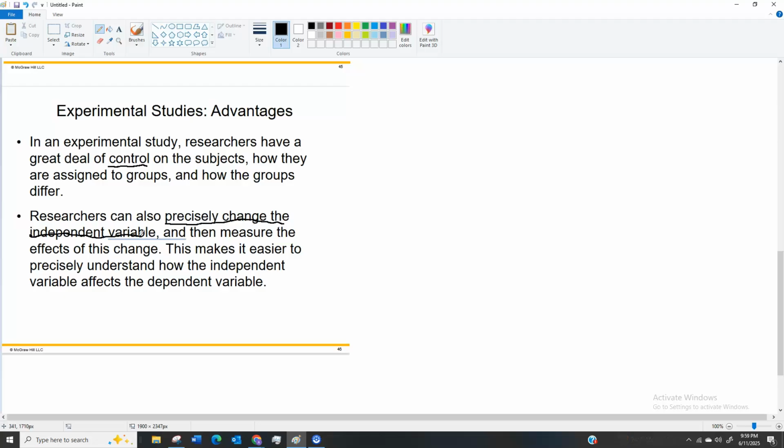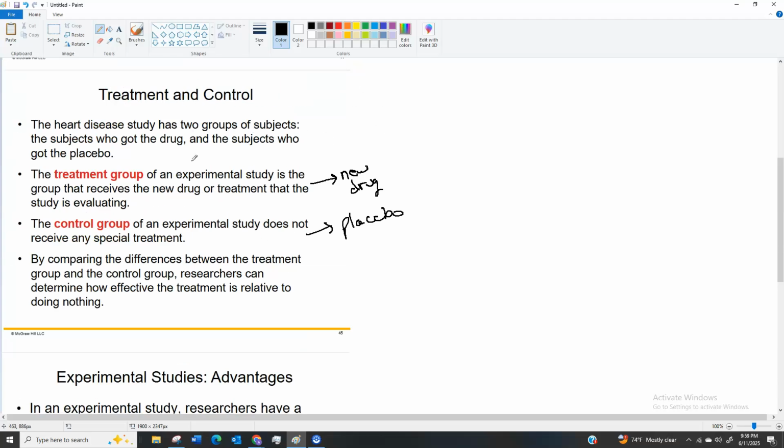And so they could, for instance, in the group, the one we just said, you could have had two different treatment groups. You could have had a treatment group that had the new drug at one level of the number of milligrams in the tablet, and another group that had a higher number of milligrams in the tablet.